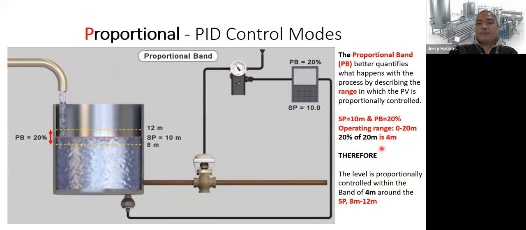So the upper range and lower range together should be 4. Therefore, you split it, 2 above and 2 below. So 10 plus 2 is 12, 10 minus 2 is 8. So the range now is 8 to 12. Okay? Do you get it?